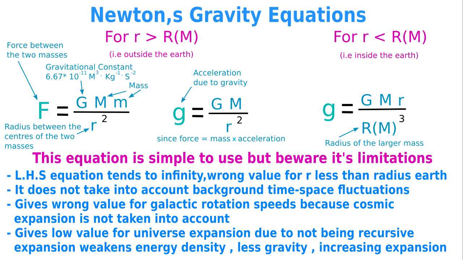With dark theory explaining the rotation of galaxies, Newton's equation gives a value too low, because the background expansion of the universe is not taken into account. This was reported in 2022 in a paper titled Gravitational Orbits in the Expanding Universe Revisited.